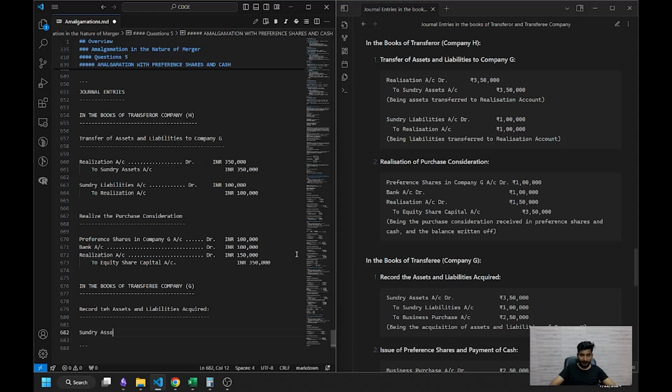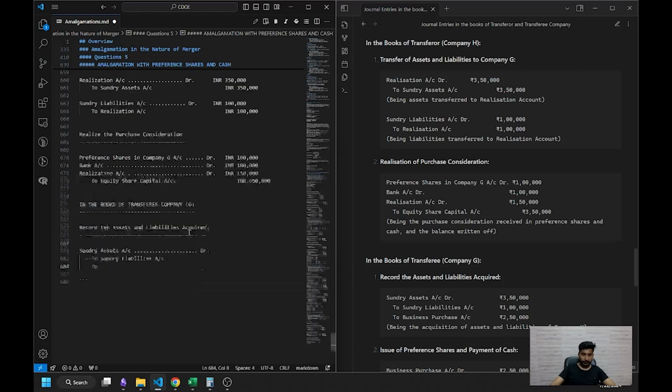The sundry assets account debit to sundry liabilities, to business purchase.